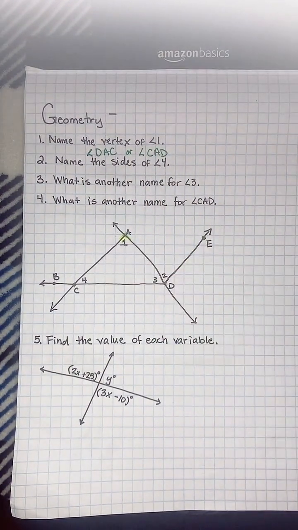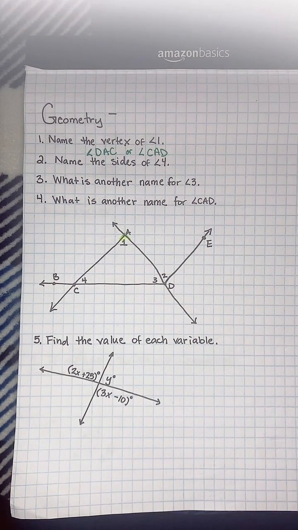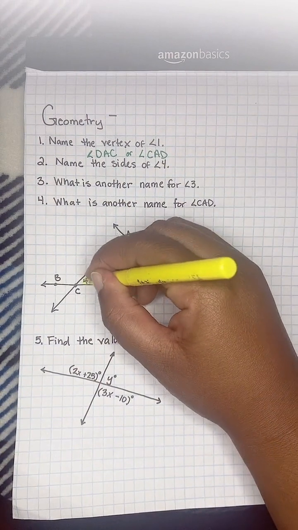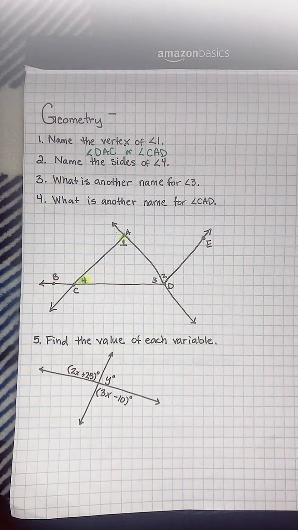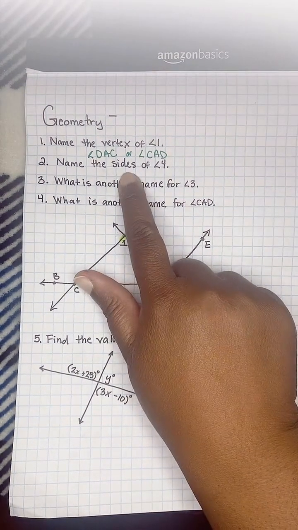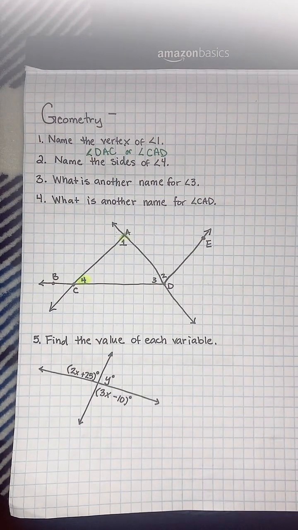Do we not know the name for the sides of angle 4? Oh, yes. I understand, Mariah. So angle 4, if we look here, this is angle 4. Makia said DCA and ACD. So sides, you guys, only consist of 2 letters.